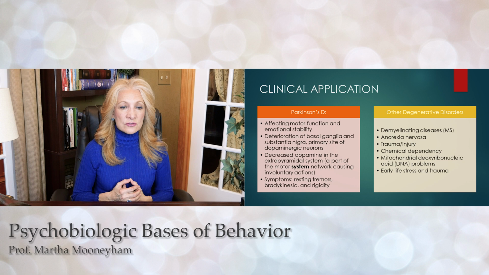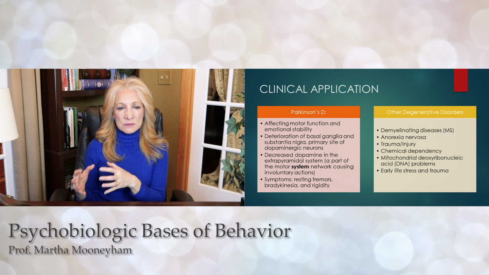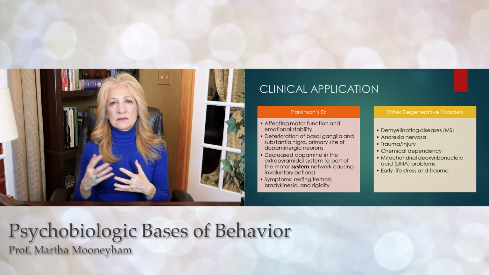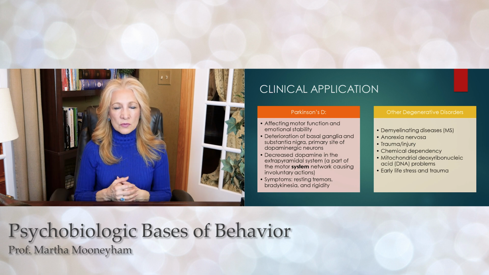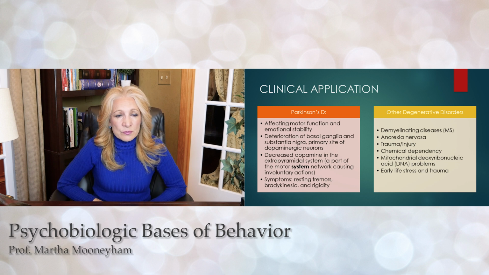Decreased dopamine in the extrapyramidal system is what will produce the symptoms of tremors and imbalance, motor function with Parkinson's disease. So some of the symptoms in Parkinson's are resting tremors, bradykinesia, rigidity, etc.